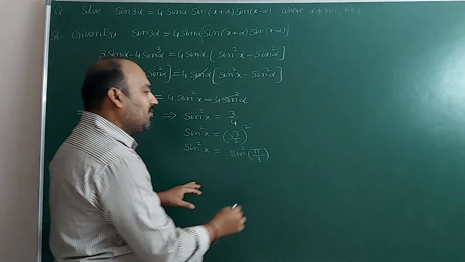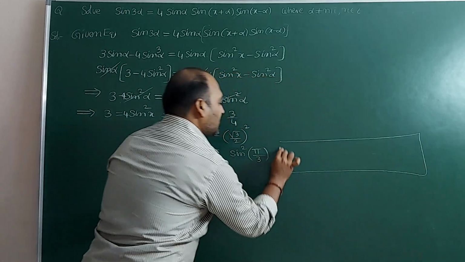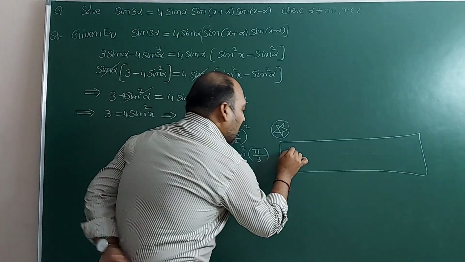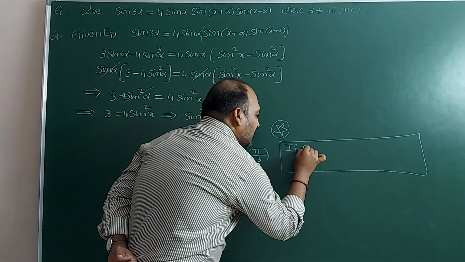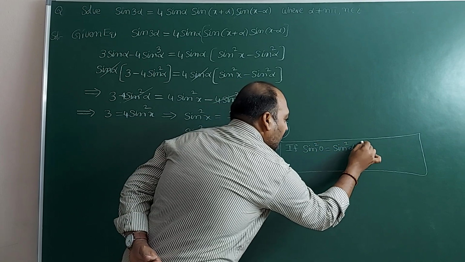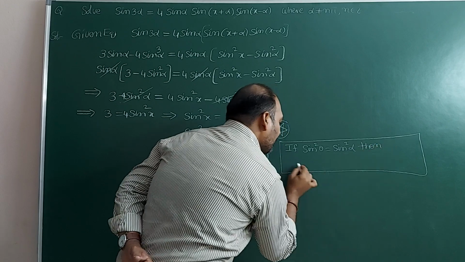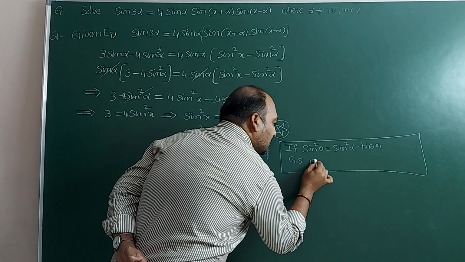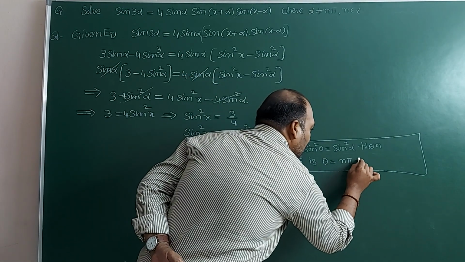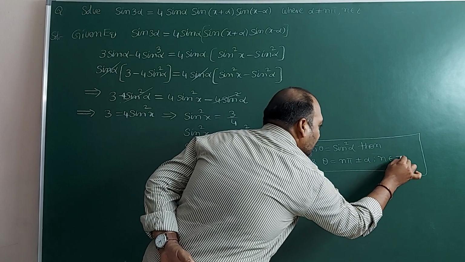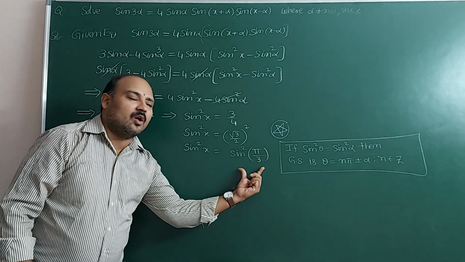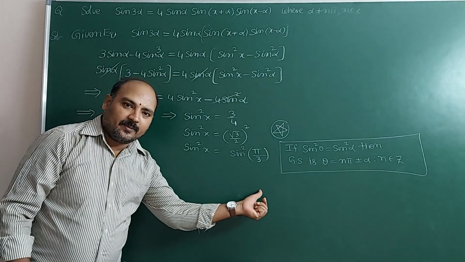We have a formula in trigonometric equations, and in the exam we need to write this with a star mark compulsorily. If sin square θ is equal to sin square α, then the general solution, GS meaning general solution, is θ = nπ ± α, where n belongs to Z. Here it is in the form sin square θ equal to sin square α, where θ is x and α is pi by 3.